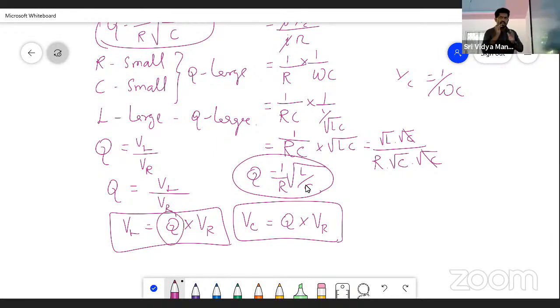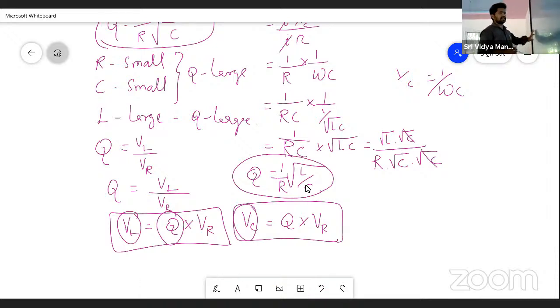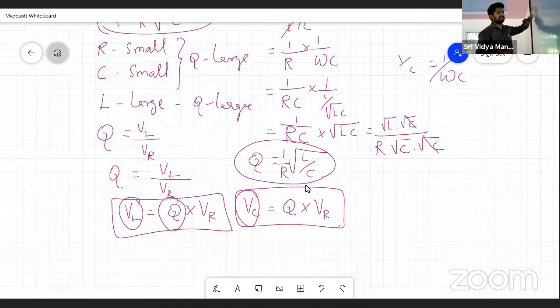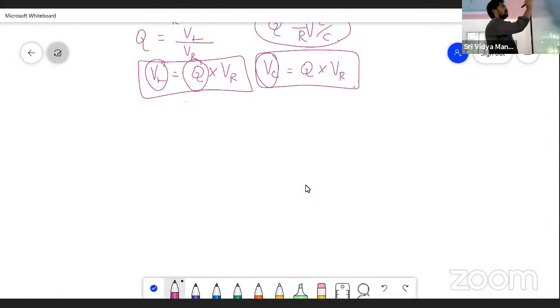Q is nothing but the quality factor. This is a constant value, and these values are almost in the range of 10 to 100. So VL is the voltage across the inductor, and VC is the voltage across the capacitor. When we apply an alternating voltage, consider that the applied voltage V is equal to VR is equal to 240 volts.